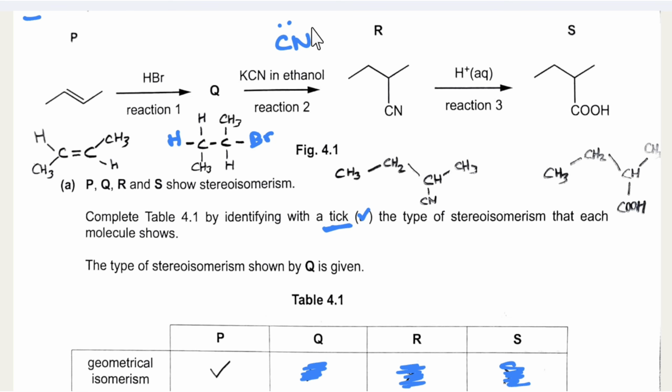Since this is not an elimination reaction but a nucleophilic substitution reaction, Br is replaced by CN to form this structure that I have drawn. So this is an example of nucleophilic substitution, where the Br nucleophile is substituted by the CN nucleophile.